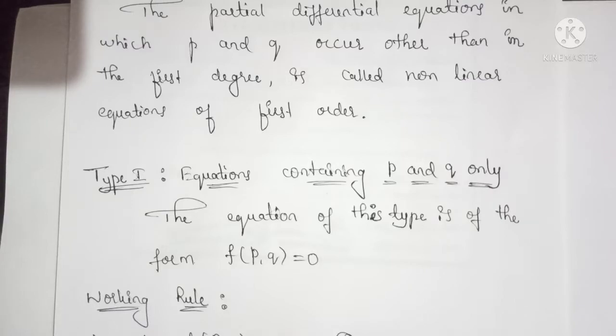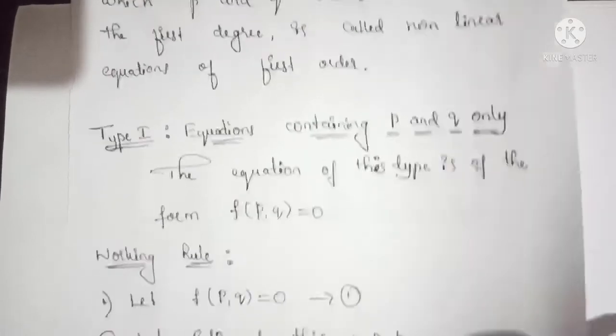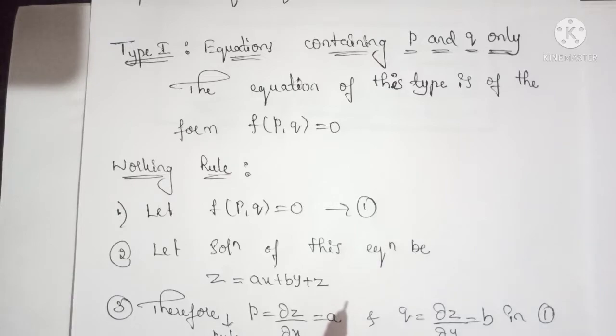Now the working rule of this type 1 PDE: first step, let us consider the given equation as equation 1. Next, let the solution of this equation be z equals ax plus by plus c.